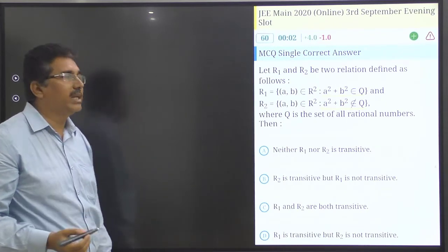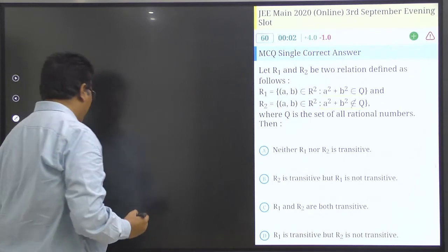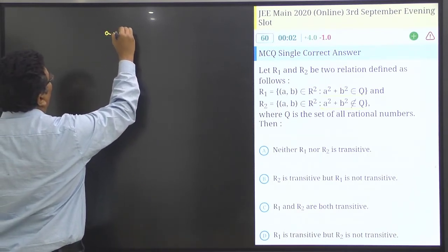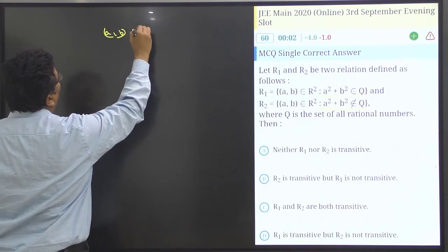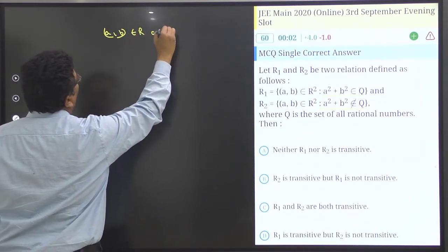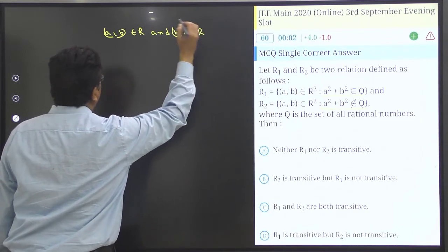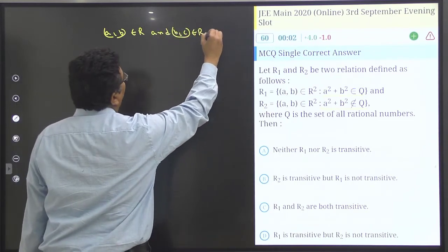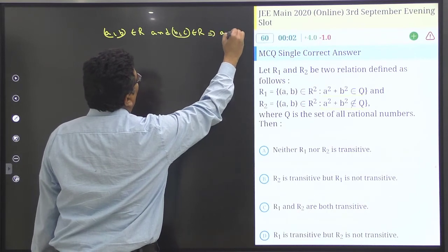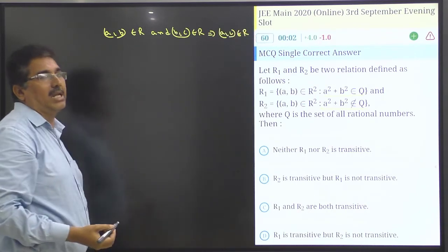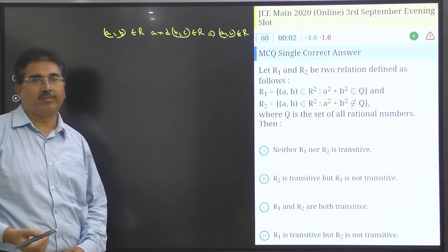What is the transitive property? If (a, b) belongs to R and (b, c) belongs to R, that implies (a, c) belongs to R, then the relation is transitive.